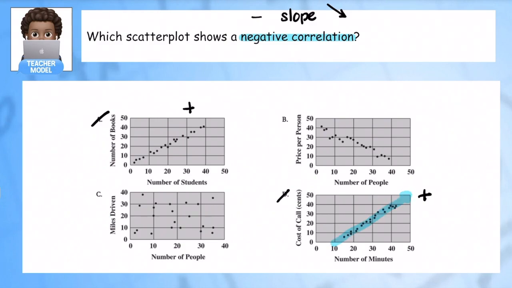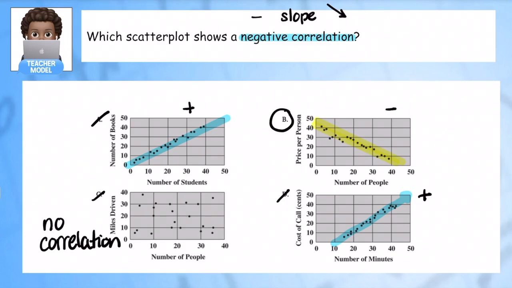You can see the trend moving up for these. Looking around, we also see in C, our points are all over the place. This is no correlation. So I can eliminate it for a reason. And lastly, for our final one, we have most of our points going in this downward spiral. So we have found it. This B has a negative correlation.